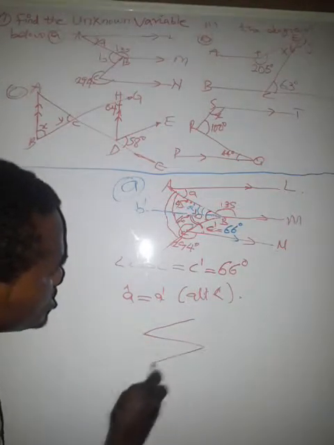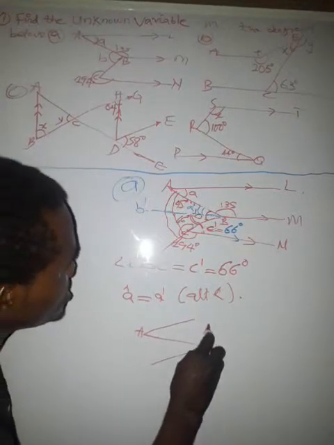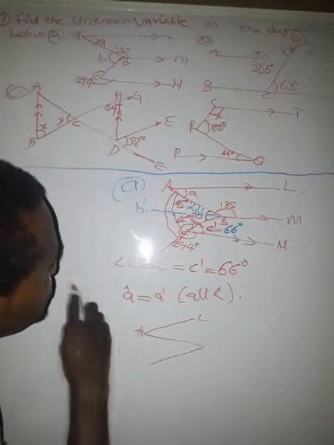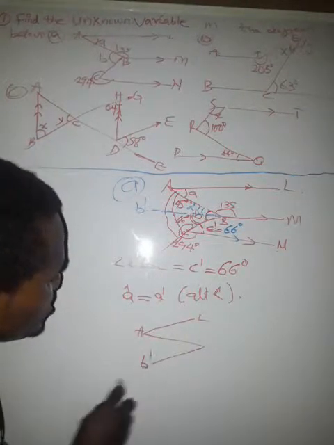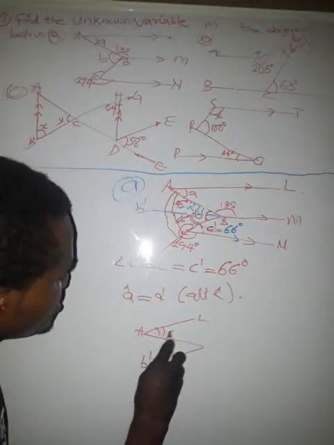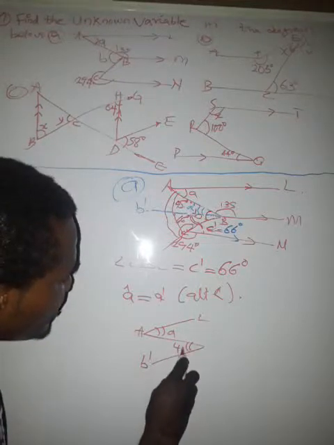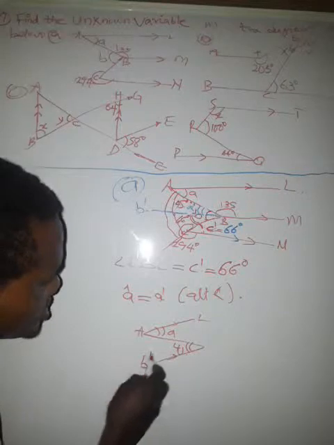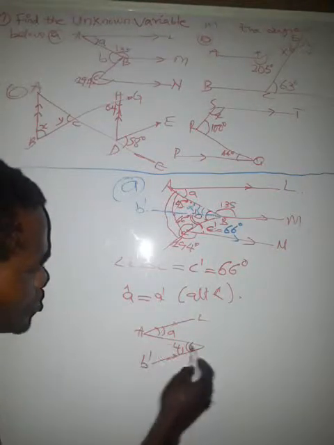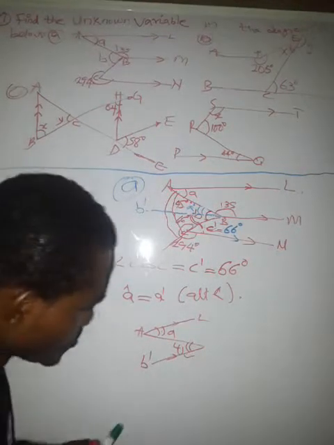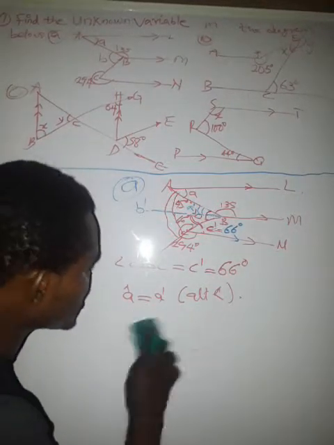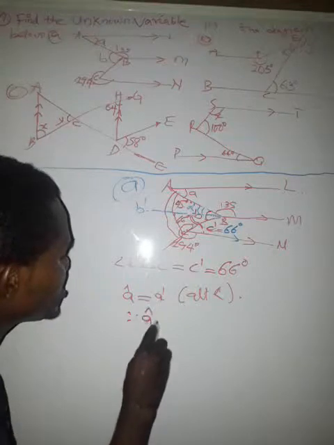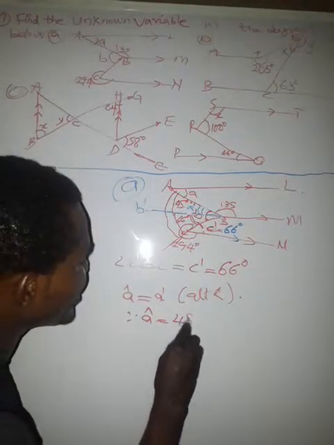This is A, and this is L, and we have B prime. So here is A, and here is 45. So alternate angle, because this line is parallel to this line. So here equals to here, alternate angle. So that is the reason. So I can now say therefore angle A equals 45 degree.